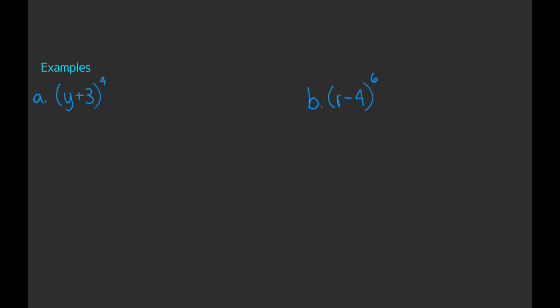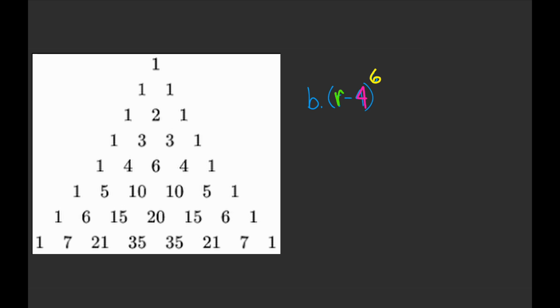I'm going to color code it like I did for the first example. R, which is our variable, is going to be green. 4, which is our constant, is going to be pink. And 6, which is our exponent, is going to be yellow. Alright, so do you remember the first step? The first step is we're going to look at our exponent, which is 6, and go to Pascal's triangle and look for the 6th row.